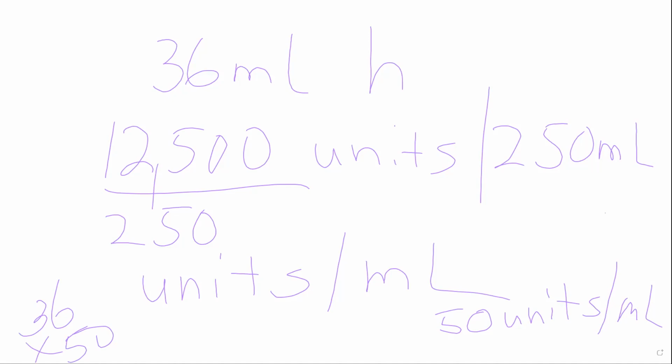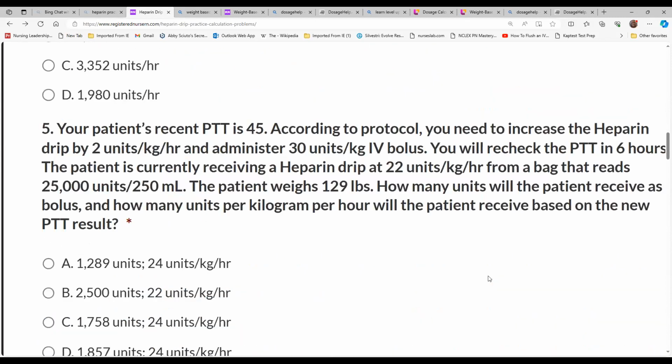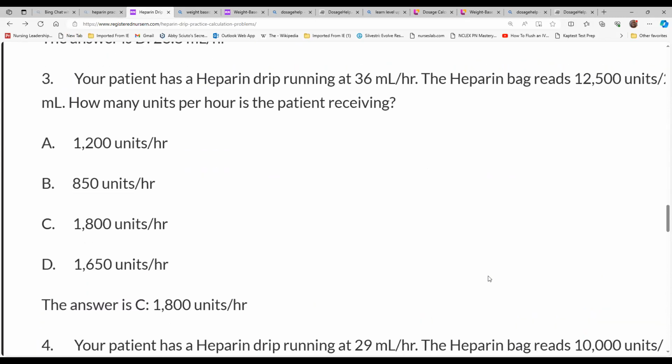What'd you get? I got 1,800 for the answer. 1,800 units. That's what you should have got. Right there, number 3, 1,800. See, if I go down here, the answers are probably at the bottom.